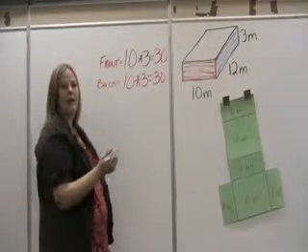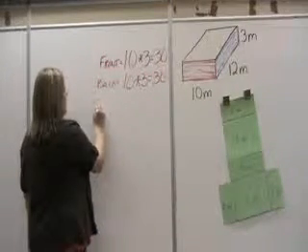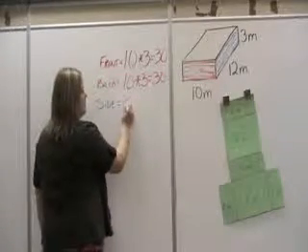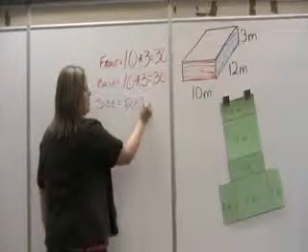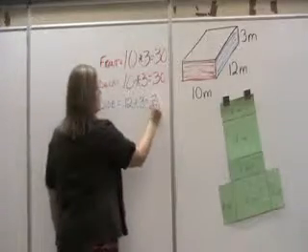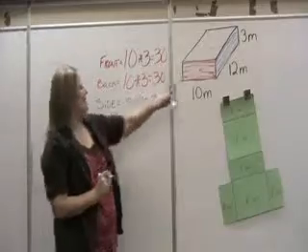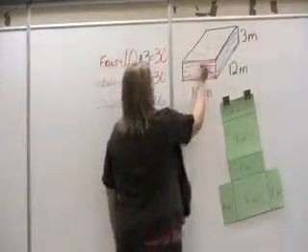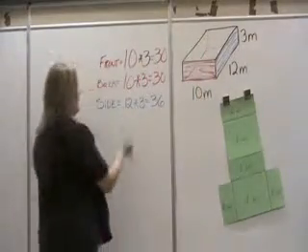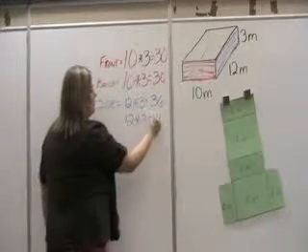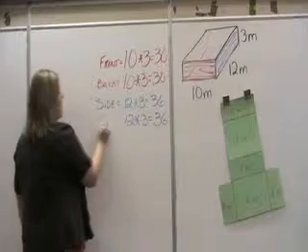A rectangle is area equals length times width. So to find the side, I will do 12 times 3, which is 36 meters squared. This side will be the same as this side, so I have another 12 times 3, which is 36 meters squared.